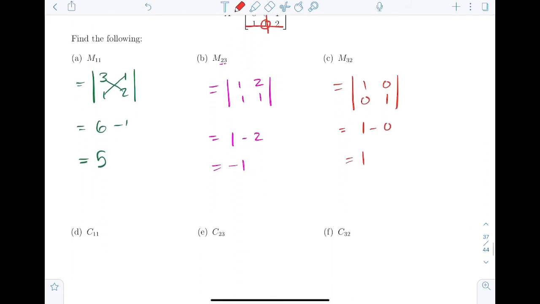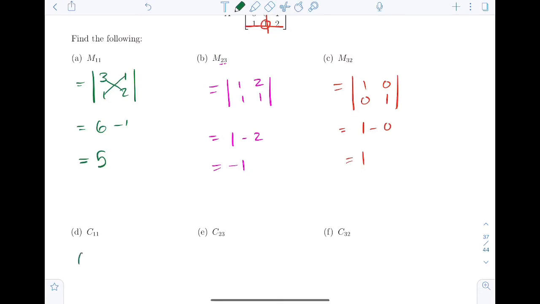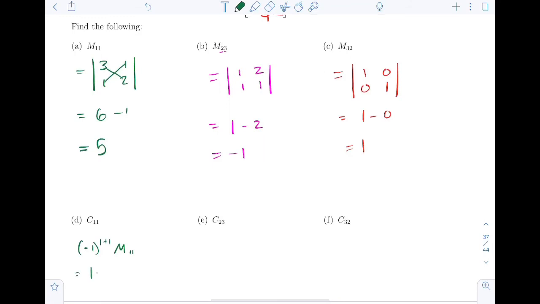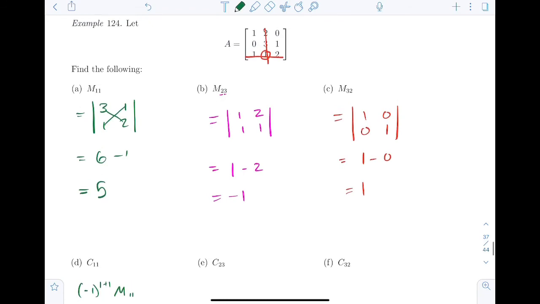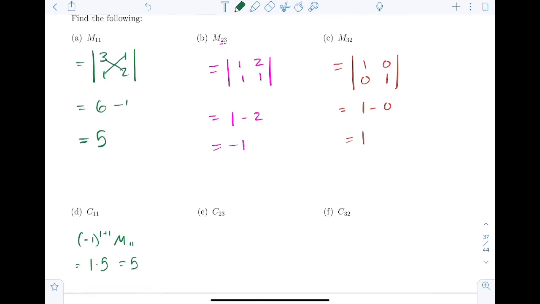So C11 is officially negative 1 to the 1 plus 1 times M11, which we already did, so that's positive 1 times 5, which is just 5. Now, the best way to do this is to just look at the 1,1 spot here. It's positive, so it's going to be positive 5.